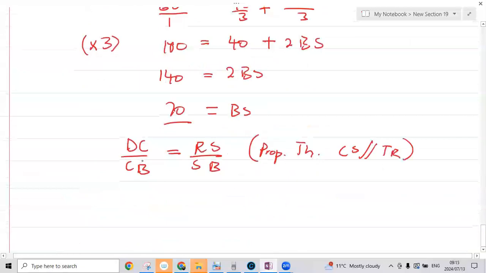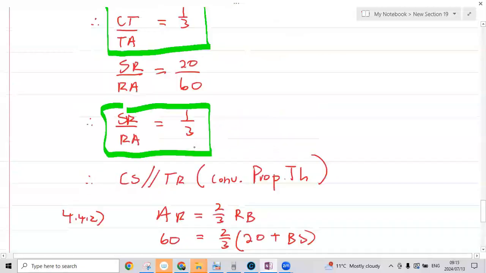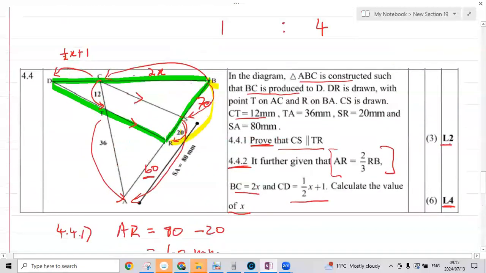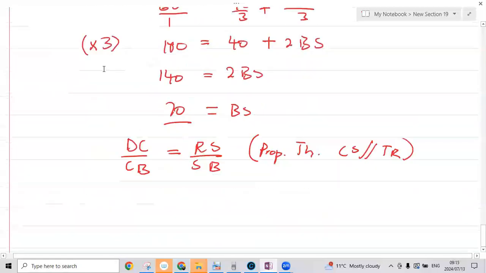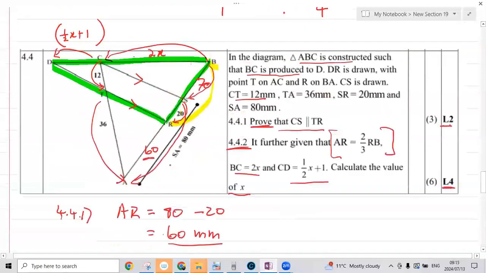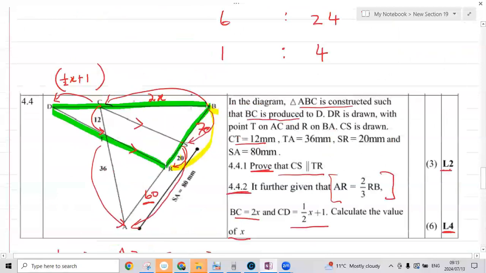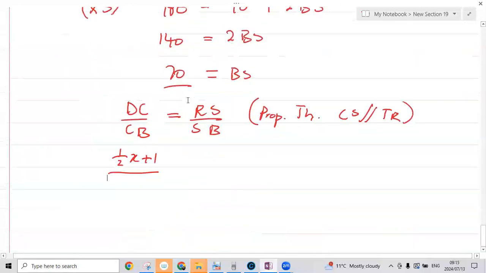And there you go. Now let's substitute what we have. DC, what is DC? DC is half X plus 1, all over CB. And CB is 2X, equals RS.